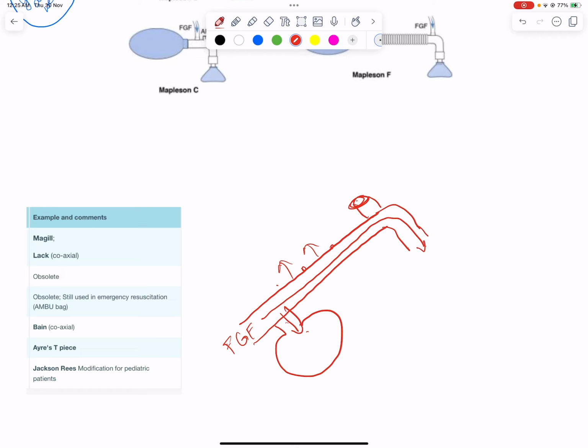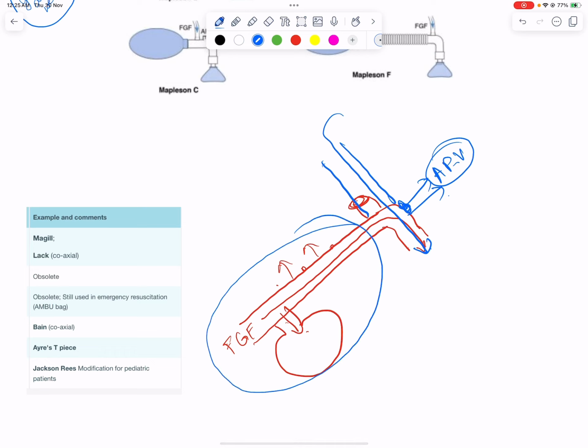So what they did, okay, fine, let the bag remain there and be used in special circumstances, and let us provide the fresh gas flow here, so that it directly reaches the patient, and we will provide the adjustable pressure valve here, so that if excess pressure is applied, the air immediately goes through.